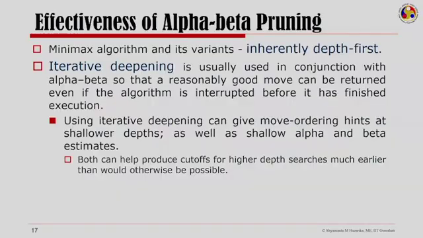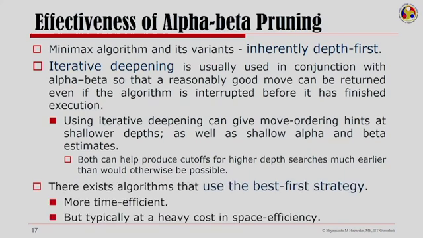Now using iterative deepening can give move ordering hints at shallower depths, as well as shallow alpha and beta estimates. Now these can produce cutoffs for higher depth searches much earlier than would otherwise be possible.